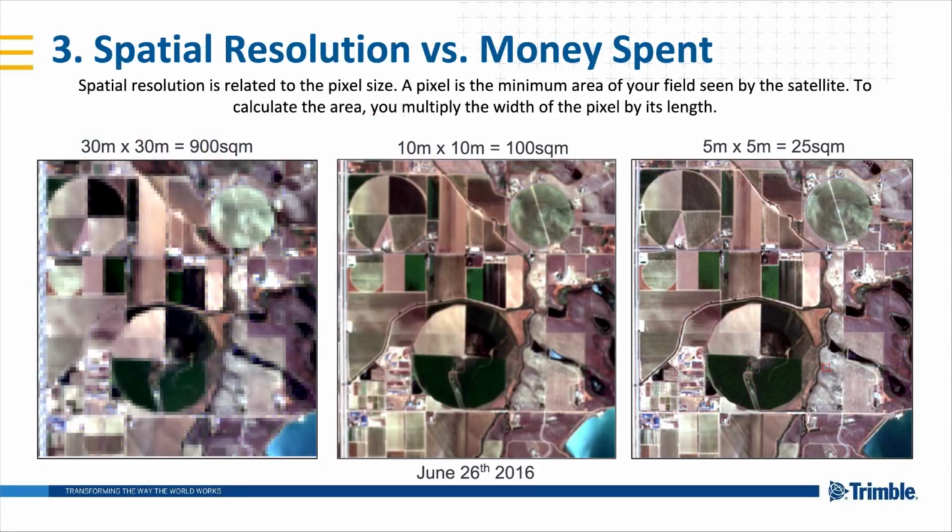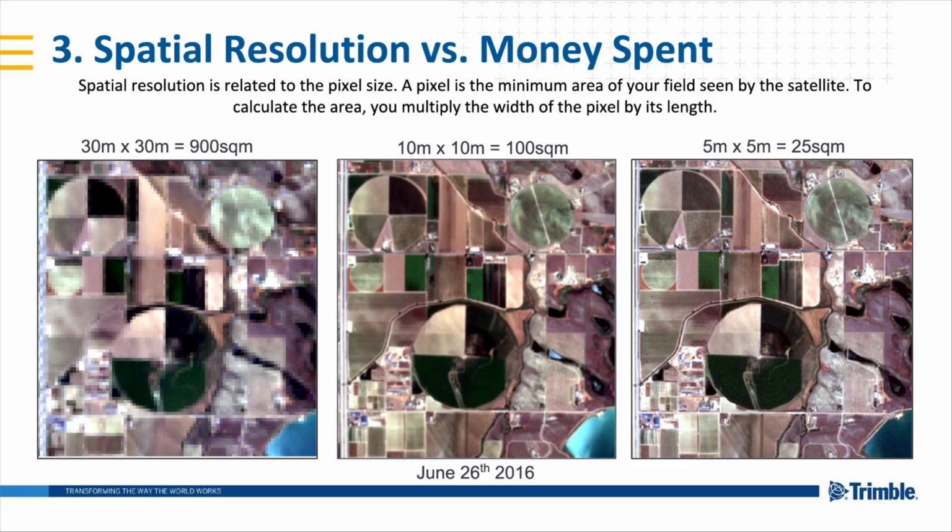The third consideration is spatial resolution, which is related to pixel size. A pixel is the minimum area of your field seen by satellite. To calculate the area, you basically multiply the width of the pixel by its length. So let's look at these examples.